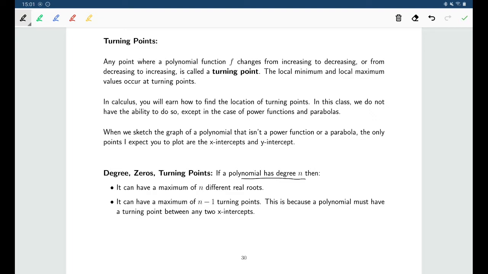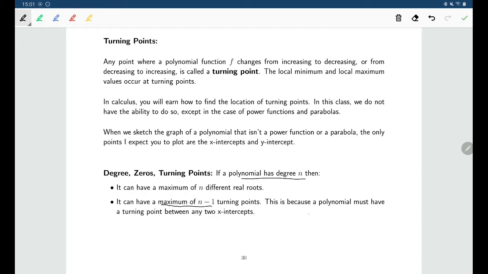The other nice thing here is for the turning points, even though we can't find them, that also places a restriction on the degree of our polynomial. So if your polynomial has degree n, then the maximum number of turning points that you could have is n minus 1.